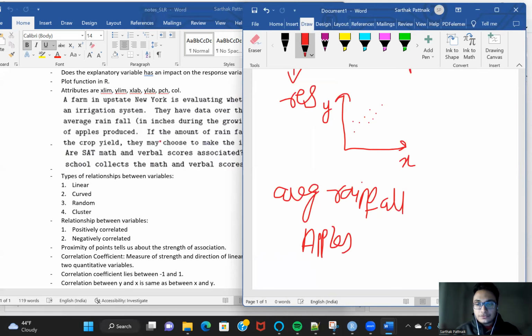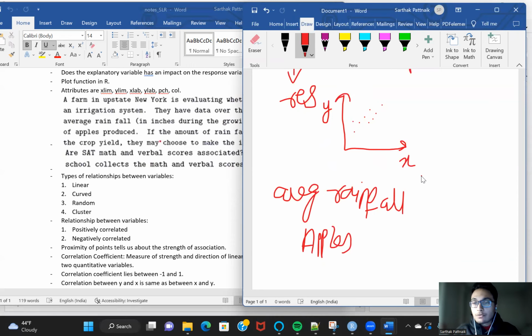So one thing that we know for sure is that the amount of rainfall will determine the quality of the crops produced or the amount of crops that will be produced. If there will be more rainfall, more crops are going to get produced and vice versa. So clearly here you can see that your average rainfall in an agricultural space clearly has an impact on the number of apples produced.